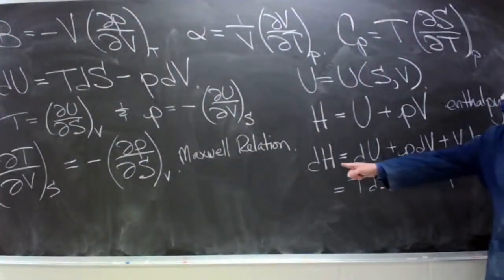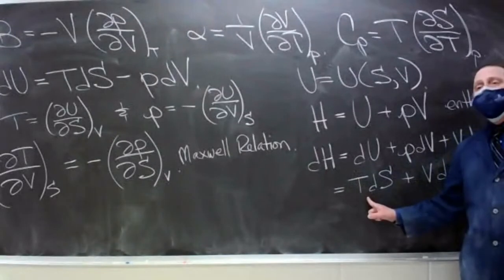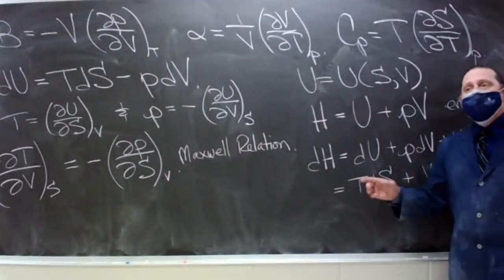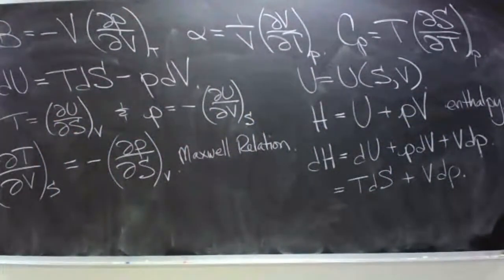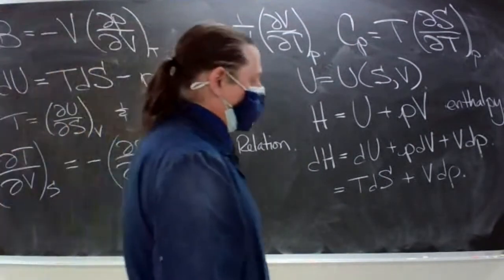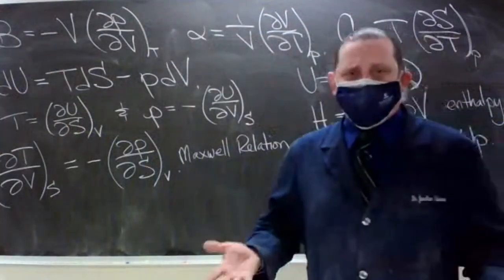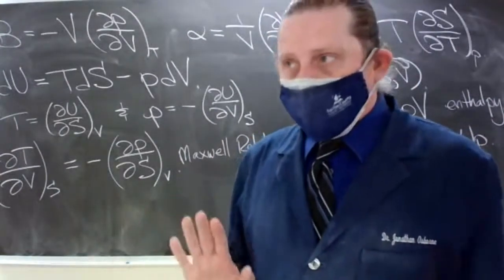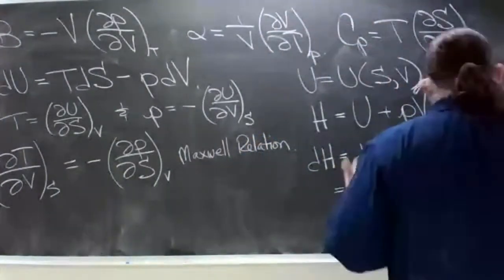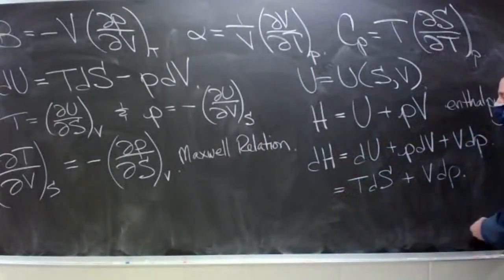And that means that the change in the enthalpy is equal to the heat. So that gives us direct access to the heat that went into the chemical reaction by looking at the change in the enthalpy. And that's why you get those tables at the back of a chemistry book with all the enthalpy changes.